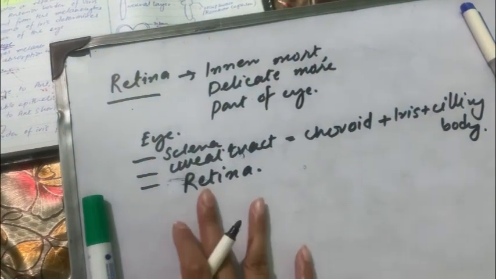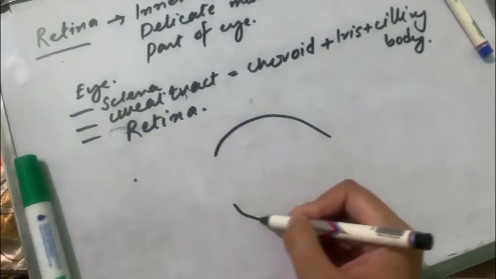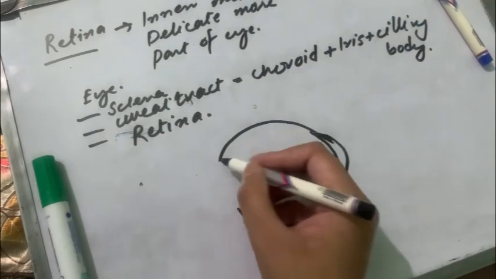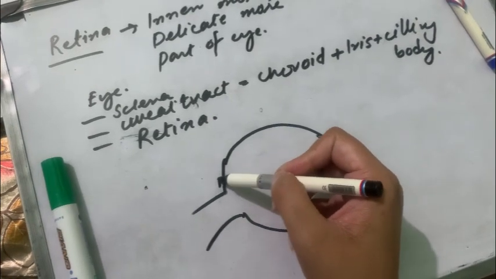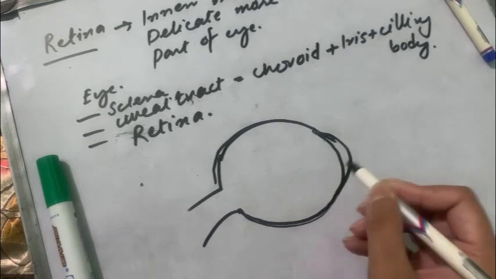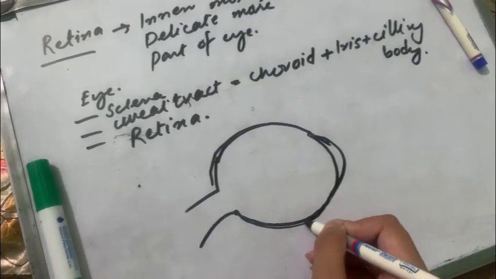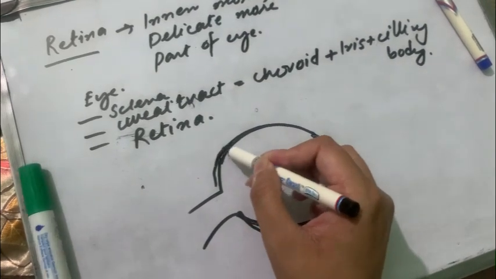So this is the most basic anatomy. Drawing it, this layer is sclera. This layer starts thinning here and starts thickening here when it goes backward like this.